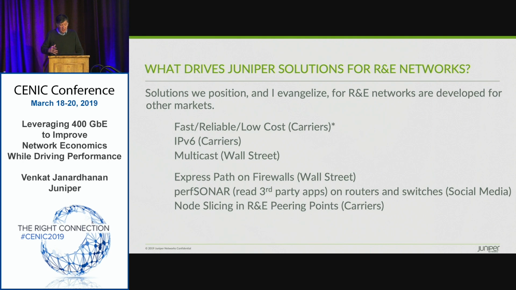And all the stuff that I think has worked really well in R&E networks and helped us gain market share is things on this list, but they were driven by other markets. In the beginning, everything we were talking about was that we're fast, we're reliable, we're low cost, and we're still saying that. That was all done for carriers.